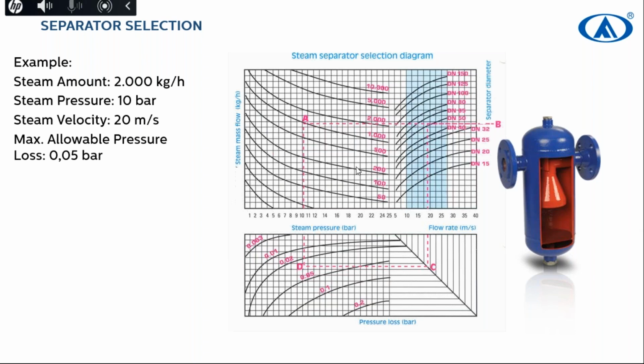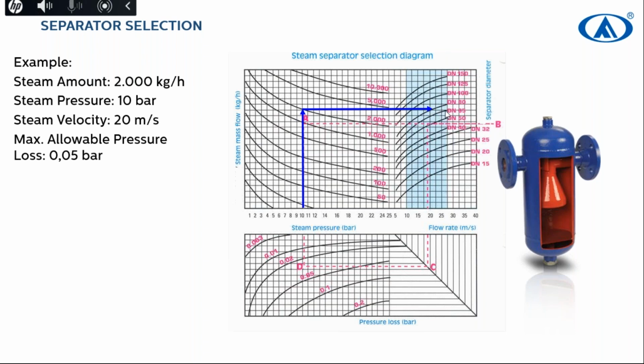We will start with 10 bar because the steam pressure is 10 bar, and we will reach the line which is 2 tons per hour, this line from A point, and then we will continue to define the velocity of the steam, and it should be more than 20, less than 30, and it hits the DN80 line, as you see here.